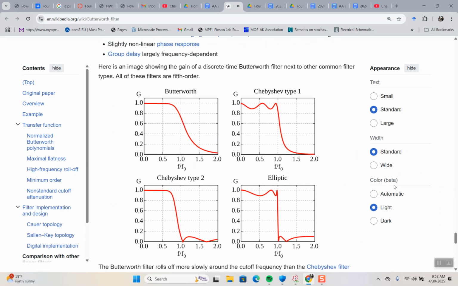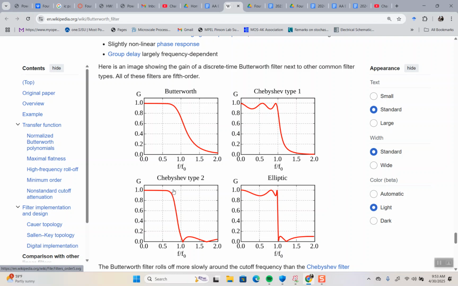Okay, so don't be confused. These are linear graphs. All right, so this is the Butterworth shape. Chebyshev type 1 has this shape. Notice how it's sharper. It oscillates a little bit, but notice how it's sharper and goes to zero faster. Then elliptical filters kind of are even sharper than that, but then they bounce up a bit.